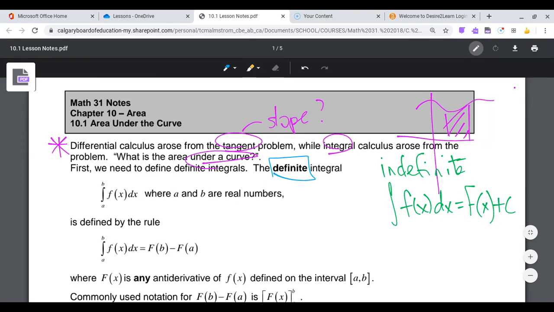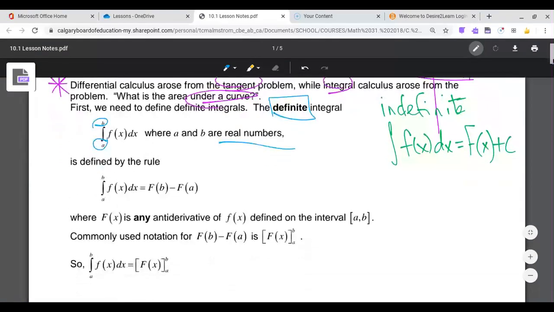Okay, so the definite integral now is going to be defined on some sort of particular interval. So now we're going to have numbers on either end of that skinny s integral symbol. So this is now saying take the integral from a to b of your function, where a and b are real numbers. So that means I can have positive and negative interval boundaries. All right, so it's defined by this rule.